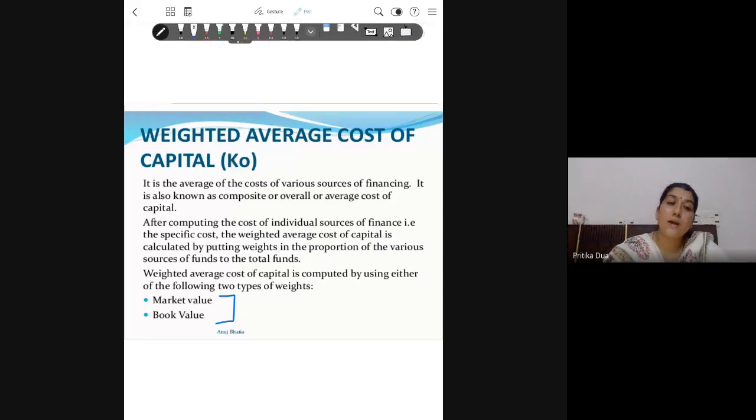Market values fluctuate again and again. The shares which are traded in the market, fluctuation is not only on everyday basis but every hour, every minute basis. Okay, so that makes the calculation part difficult, complex. That is why book value weights are preferred over market value weights. But when we are solving questions on the same, we'll use both the approaches.